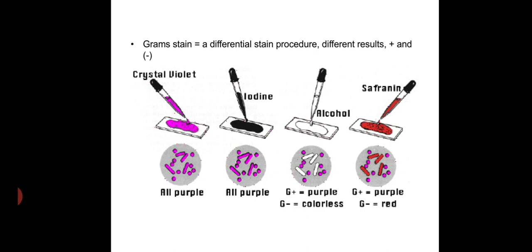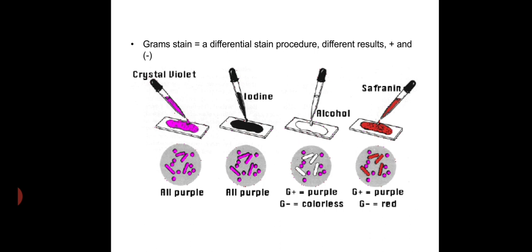Then using safranin, another stain, the Gram positive bacteria stay purple in color, but Gram negative bacteria retain red color from the safranin.